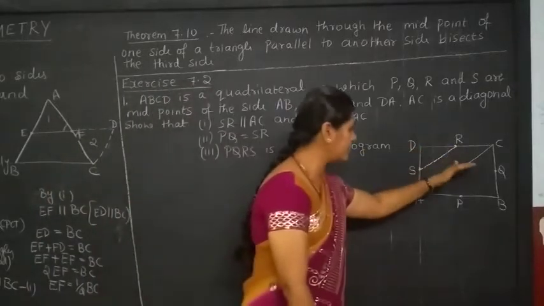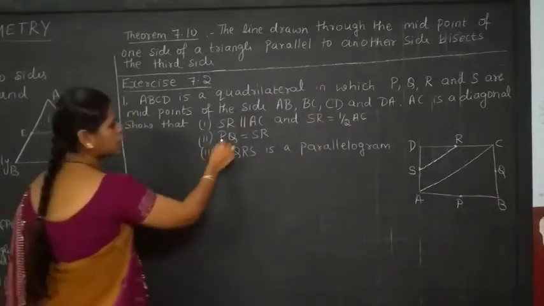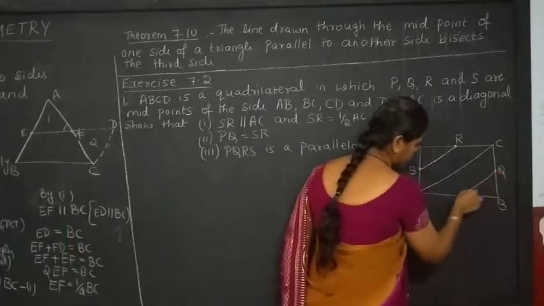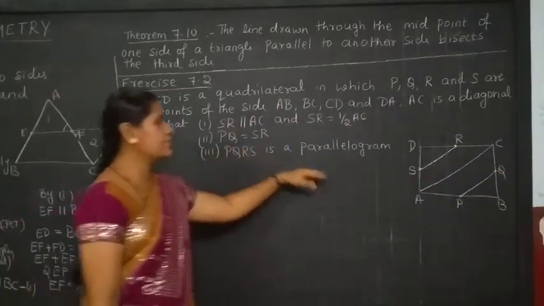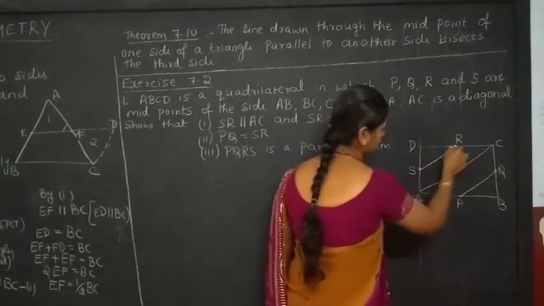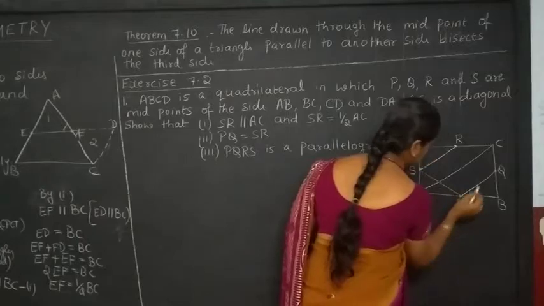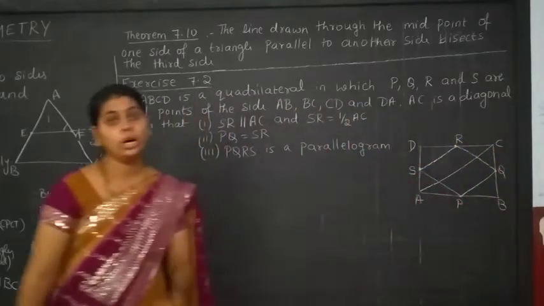Join SR, students. That you have to prove. And PQ is equal to SR, so join this also. PQ is equal to SR and PQRS is a parallelogram. So join PQRS. This you have to prove.